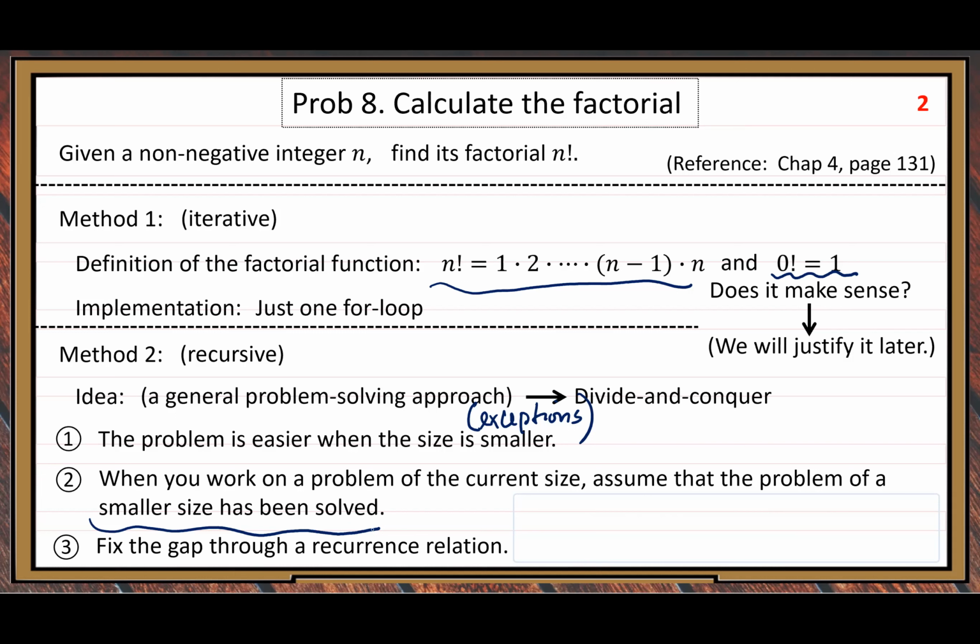You need to discover a recursion formula. That formula is the way to fix that gap. There is a gap from the old solution to the current solution. You need to discover some formula representation to fill in that gap.